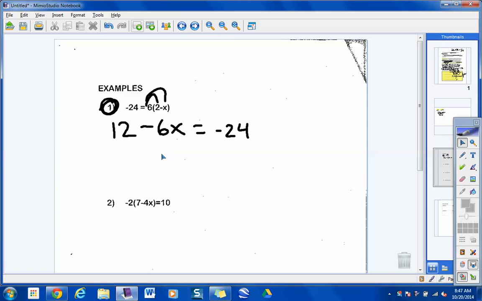Okay, now, do I really want my negative 6x here? Nope. Okay, some of you might say, I know what to do from here, and that's totally okay. I just like to move stuff around so it's a little easier for me to think about patterns that we've talked about in the past. How might I rewrite this equation now? Negative 6x plus 12 equals negative 24.